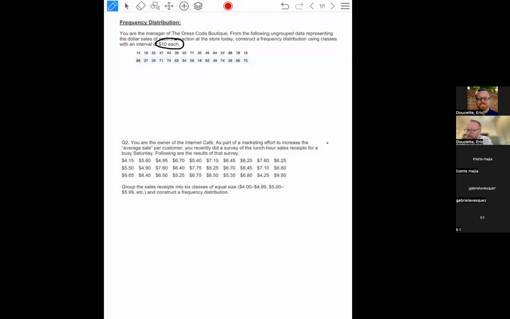So basically what you're going to do is you're going to do 0 through $10. And then you're going to do $11 to $20. Then you can do $21 to $30. Then you're going to do $31 to $40.